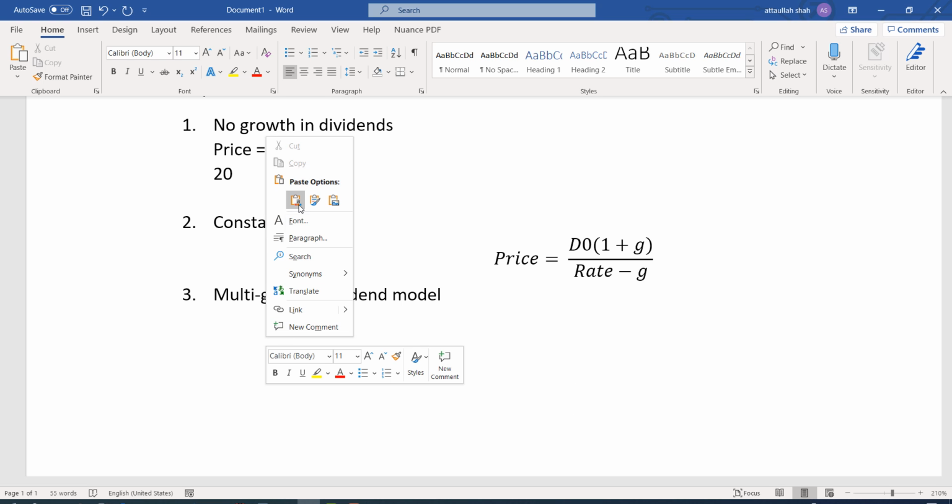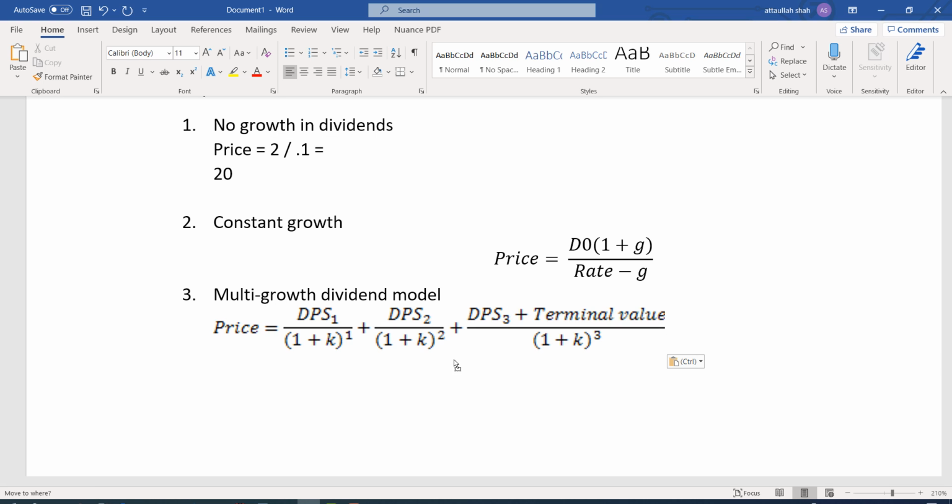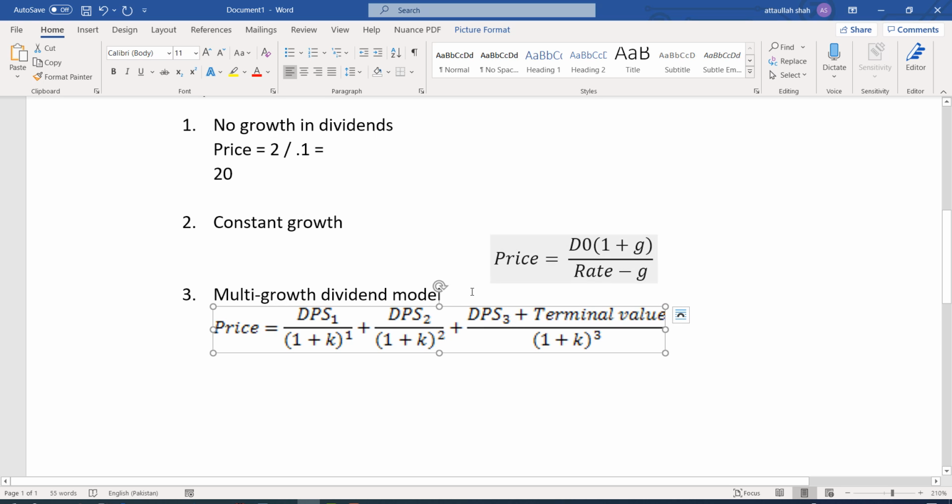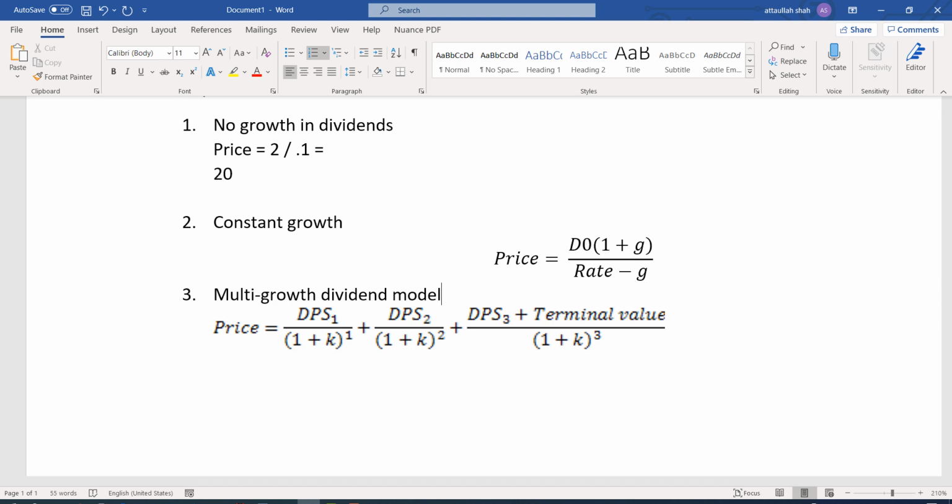So if you want to write the equation for this company, it will be something like this. So we have divided the dividends into two steps. In step 1, where the growth rate is random, we discount the dividends one by one.